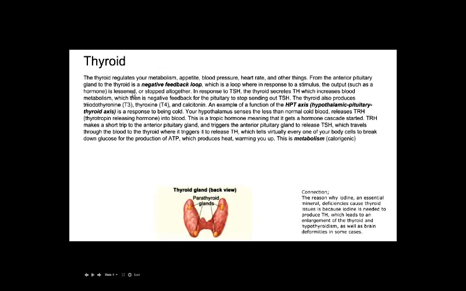T4 is thyroxine, T3 is triiodothyronine, but they require iodine to make them because T3 requires 3 iodine molecules and T4 requires 4 iodine molecules. And iodine molecules are pretty big. They weigh a lot. They have a lot of atomic mass units, man. They also have a pretty big molar mass as well.